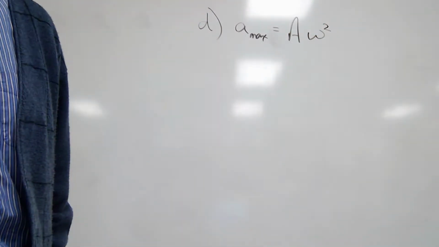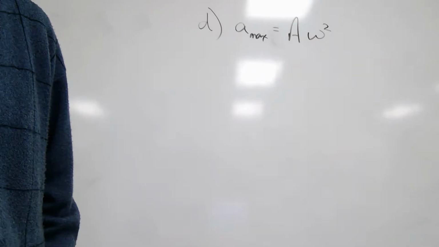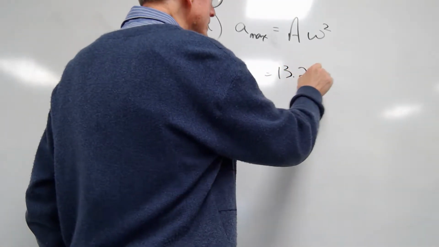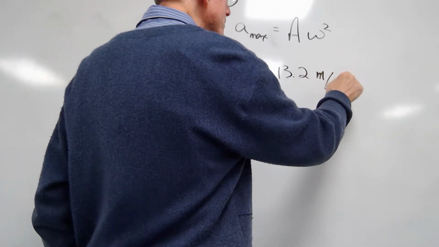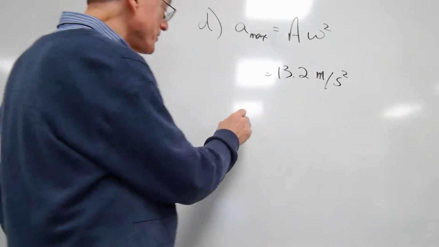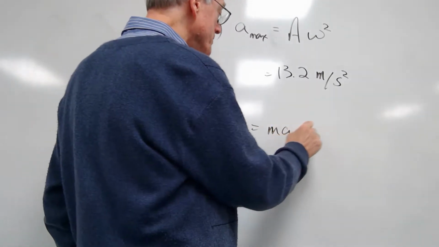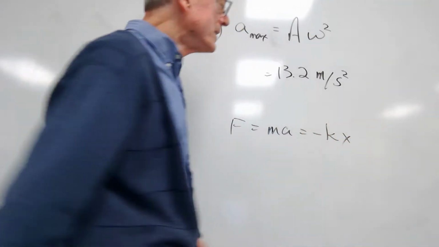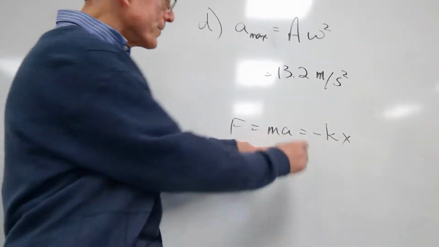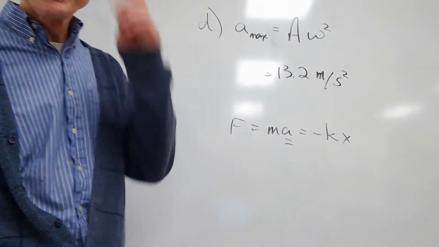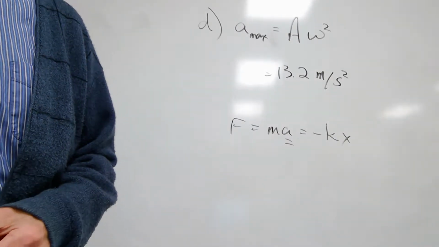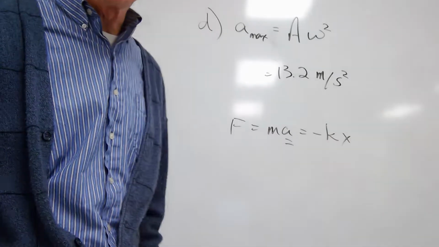And if you do that, you will get something like 13.1 or 13.2 meters per second squared. That's an acceleration. Now I'll just point out you could have also simply set up F equals ma, which is equal to negative kx. Because you've got x and k and m, solve that for a, you would get the same thing. That would be an easy way to do it too. All right, that is number 17.